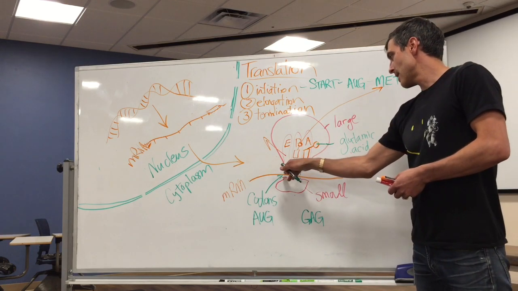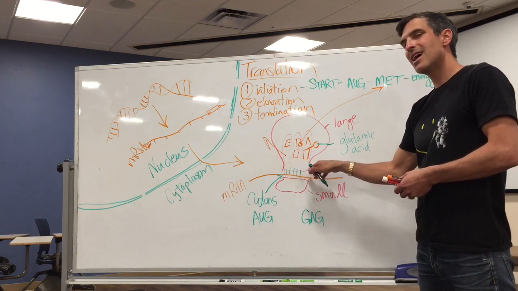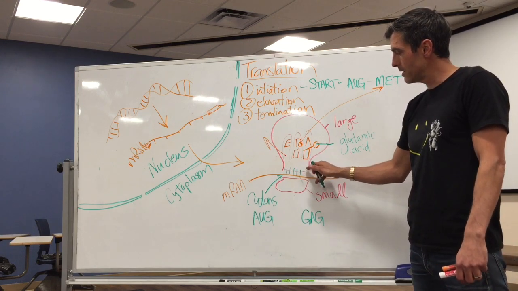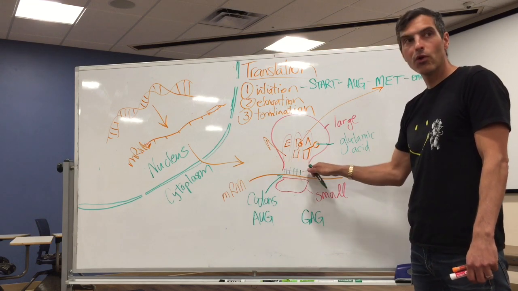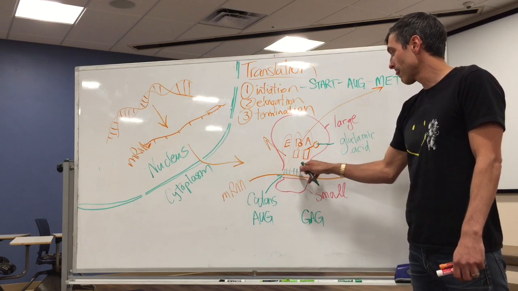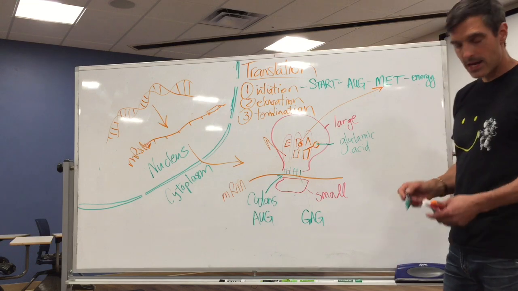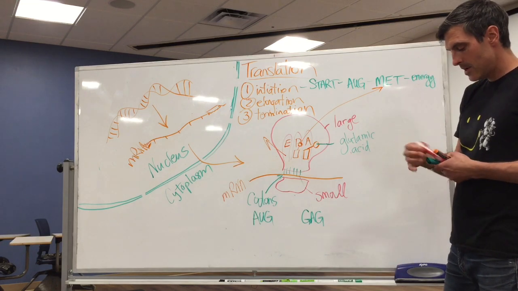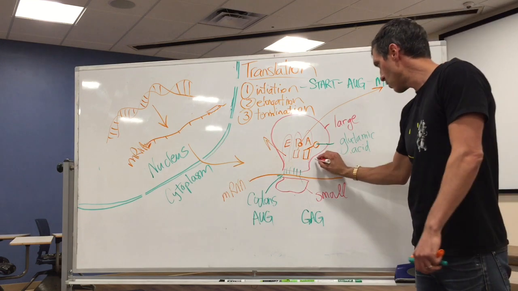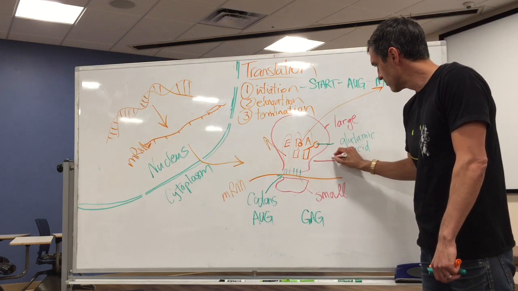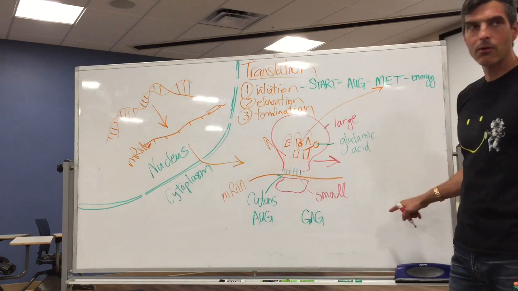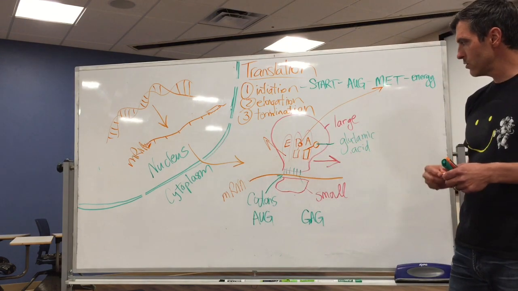Okay, the codons that I've drawn here, it's not exactly accurate because there should be another triplet here. So in total, there would be 9 nucleotides. But anyway, what will then happen is the ribosome, it's like a car driving along the mRNA highway or mRNA road.